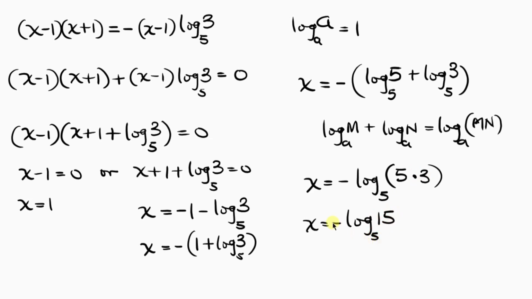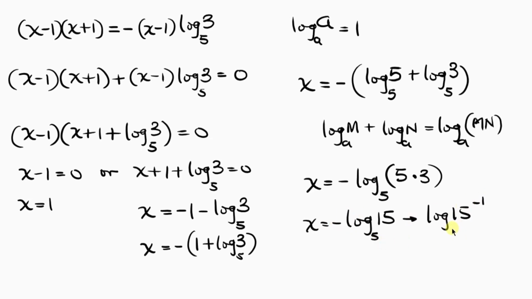And you know, this negative can also become a power because there is a coefficient here at the back, which is a coefficient of 1, an invisible one. So it can become a power here. That means this expression can be written as log 15 to the power of negative 1. Remember, I said the coefficient here is negative 1.